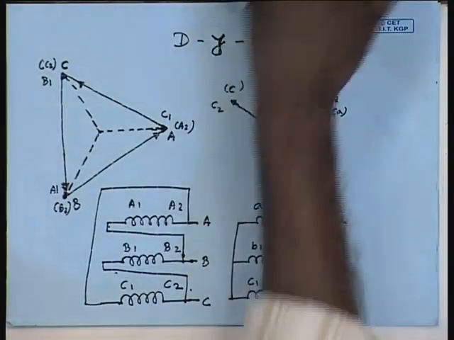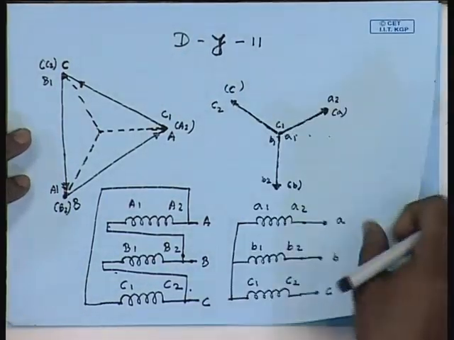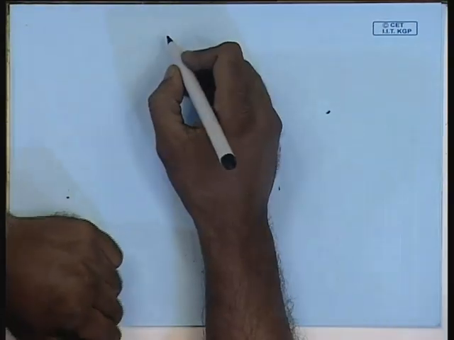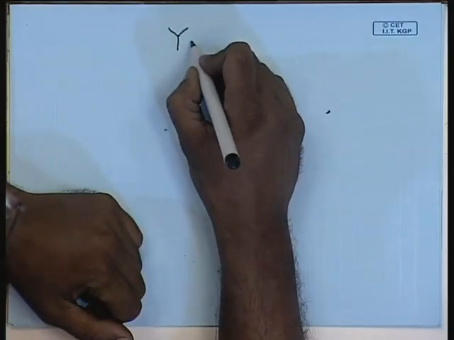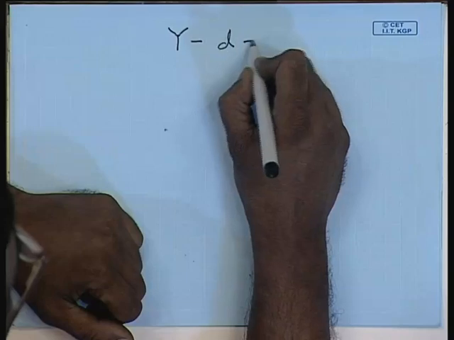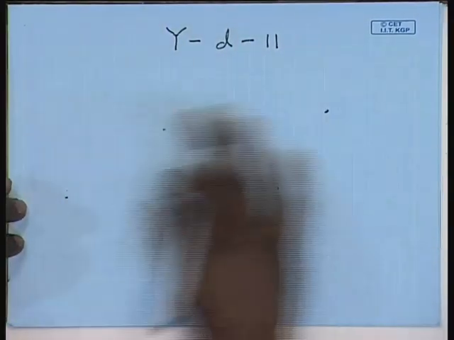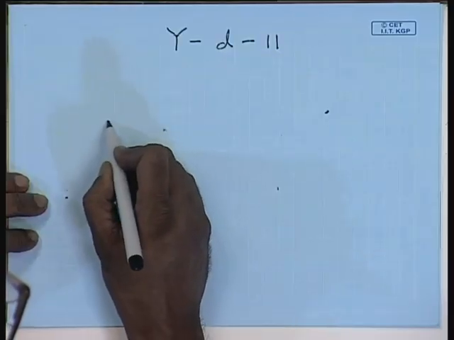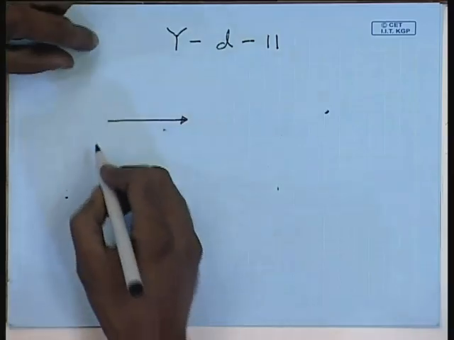Similar conclusion can be drawn for YD1. Let us look at that. So, let us see the transformer connection YD11. The high voltage side is Y connected, therefore, the line to neutral phasors are also the winding voltage phasors.